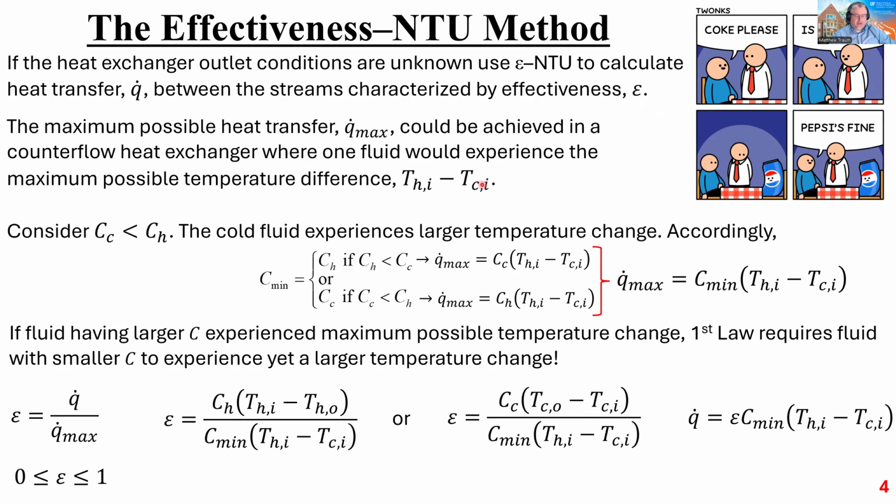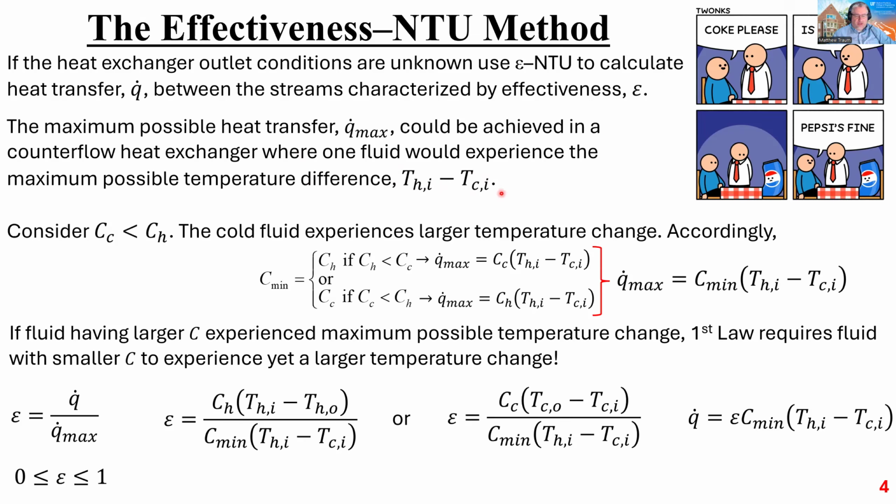H is hot, C is cold, so the high temperature inlet minus the low temperature inlet. Again, this is theoretical. This doesn't actually happen, but imagine that a fluid experiences this temperature change.